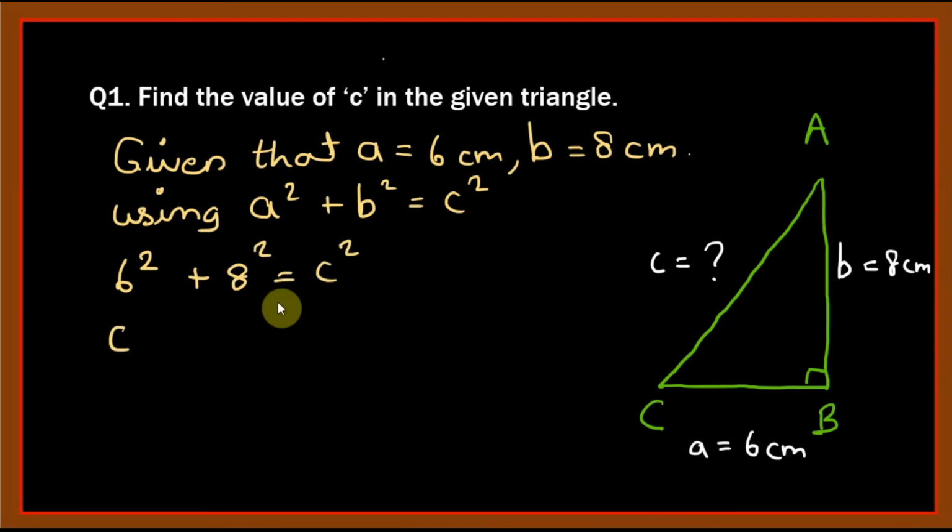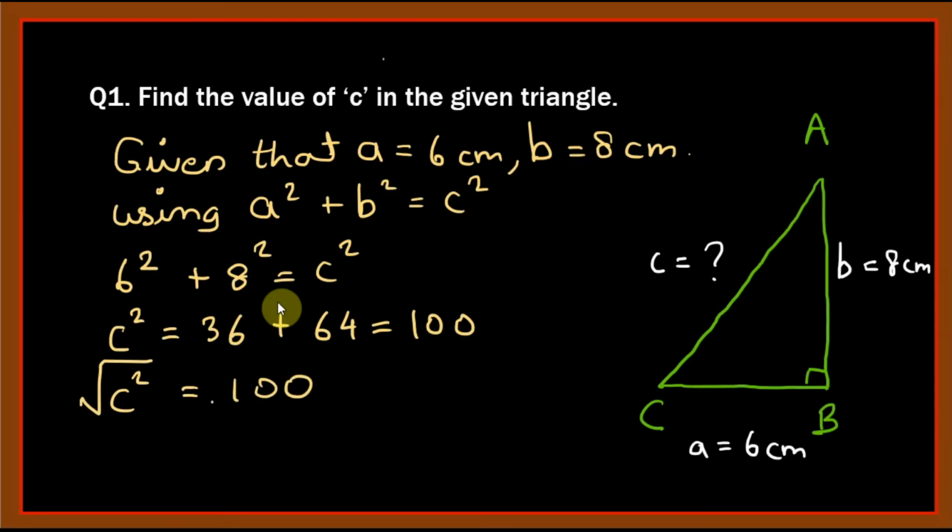C square equals 36 plus 64 equals 100. Take the square root of both sides. So we get square root of c square equals square root of 100. Therefore, c equals 10 centimeters.